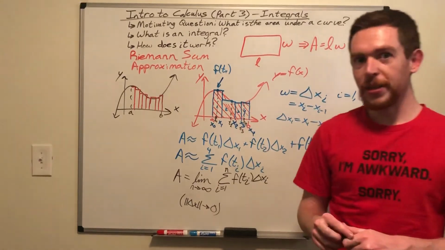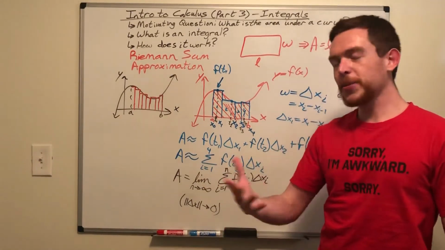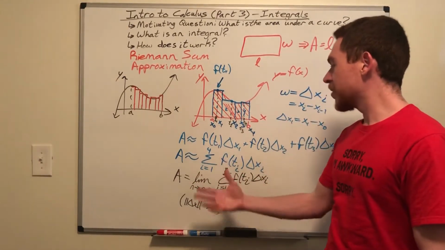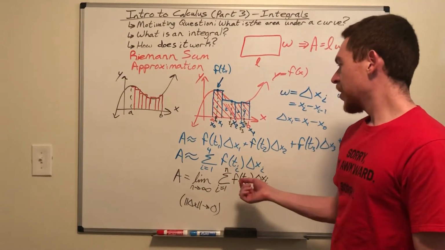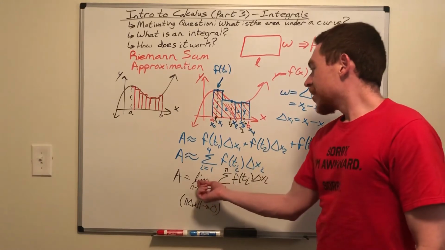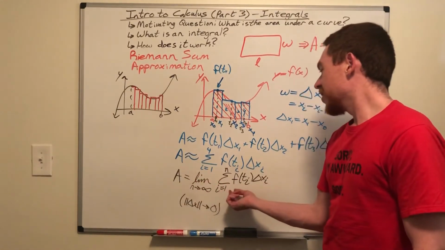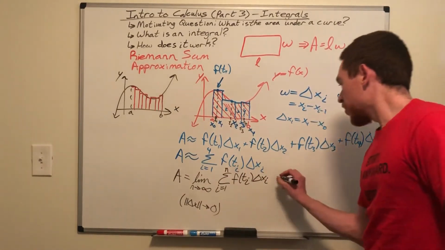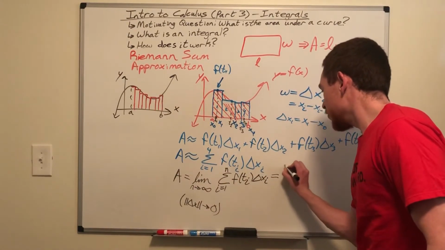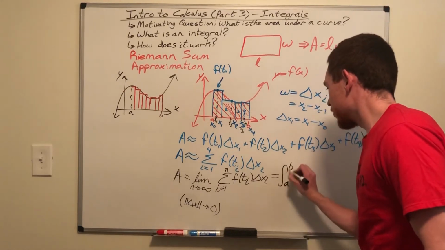But just like with the derivative, last week we talked about how we defined the derivative using the limit of the slopes of secant lines. Rather than use the area as the limit of the sums of areas of rectangles, we're going to instead use an integral to do this.